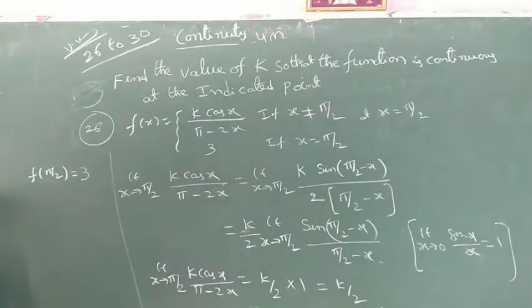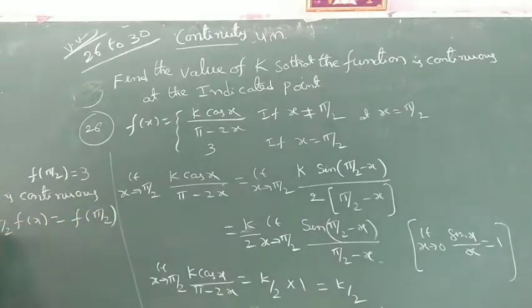Since f is continuous at x is equal to pi by 2, limit x tends to pi by 2 of f of x is equal to f of pi by 2.